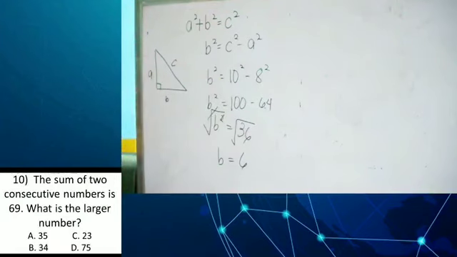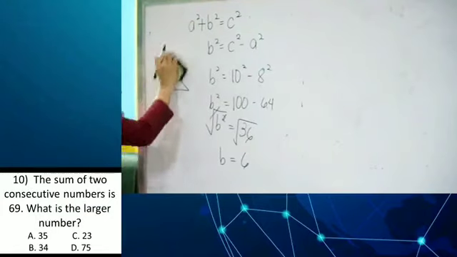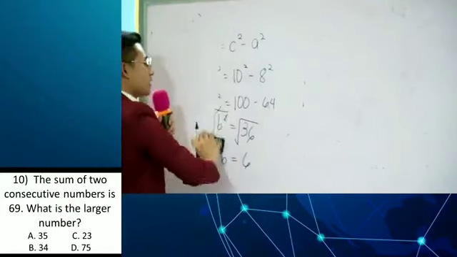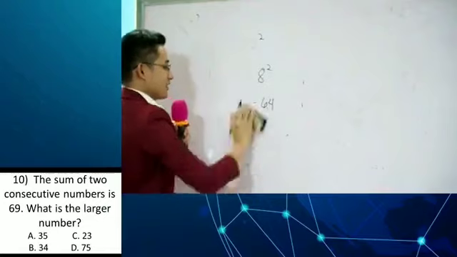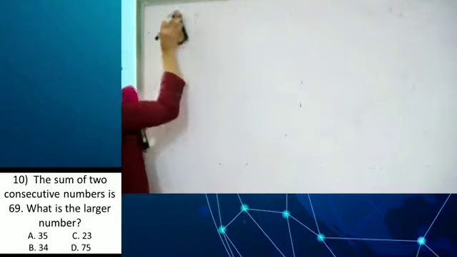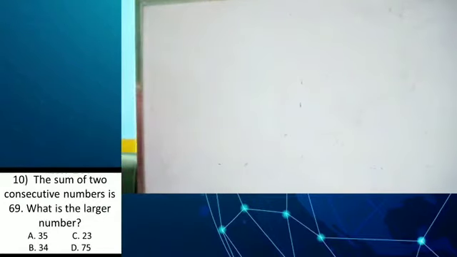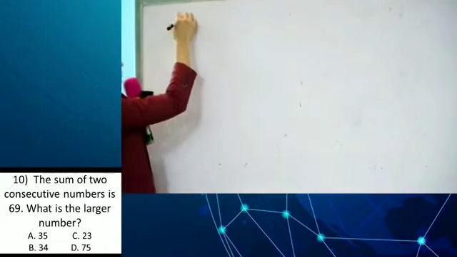Okay, next question. The sum of two consecutive numbers is 69. What is the larger number? O, ayan na naman, magta-trial and error na naman kayo. Okay? So, para sa ganitong type of problem, ilet natin si x as the number.